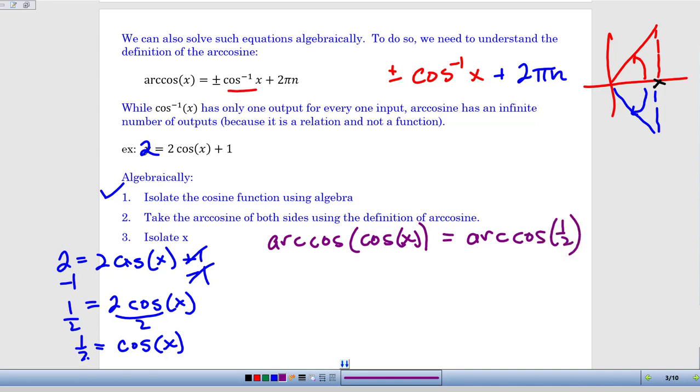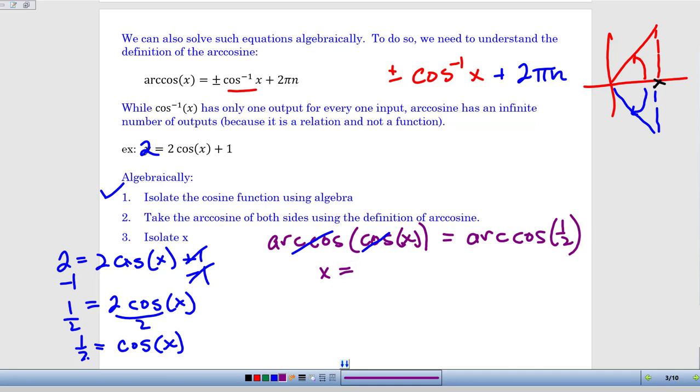So I've just taken my equation and I've just taken the arc cosine of both sides. And I just reversed it so that the 1/2 would be on the right and the cosine of x would be on the left. And so by definition, this idea that arc cosine undoes cosine, these are essentially going to cancel each other out over here on this left-hand side. And so that means we're going to be left with x.